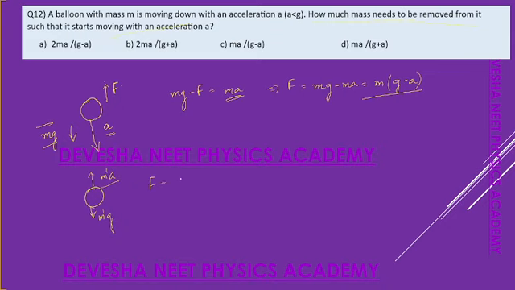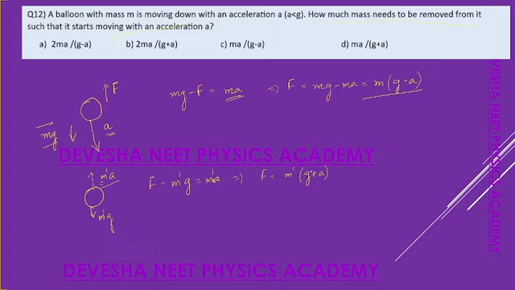So force minus m dash g is equal to m dash a. What is m dash? M dash is the net mass after taking out some air from this, okay? So it means F is equal to m dash g plus a. Okay.